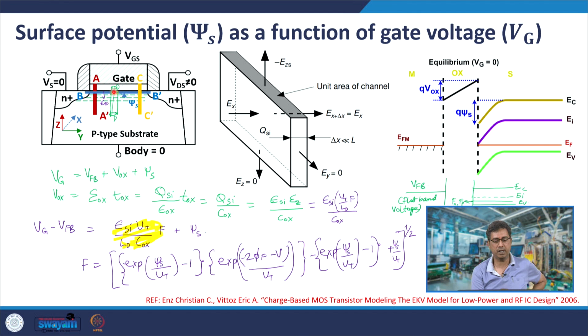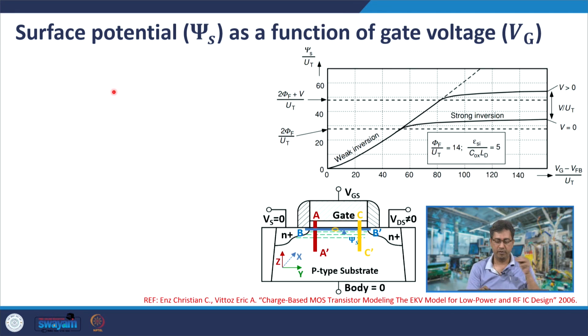So surface potential as if does not increase beyond this point. That is why we find that once the value of the first term has become 1, after that an increase in gate voltage would almost result in a saturated value of surface potential.